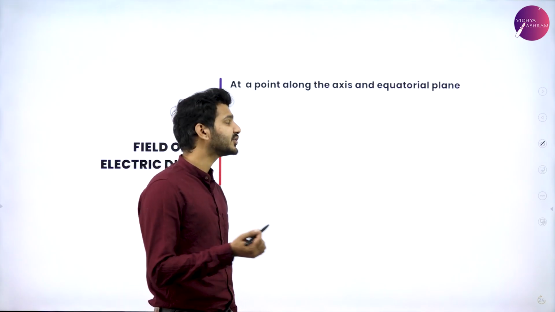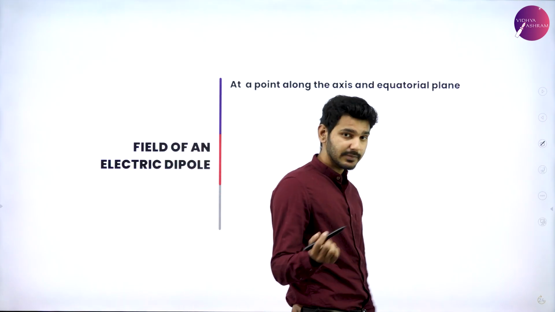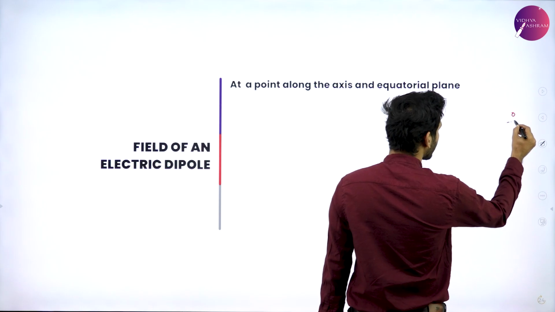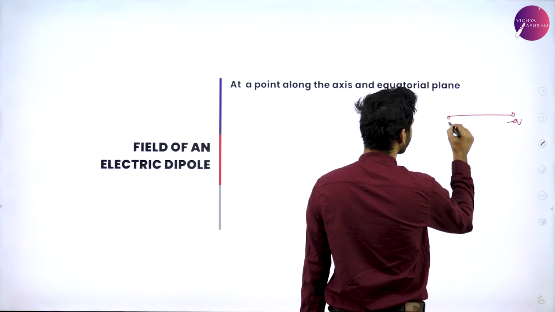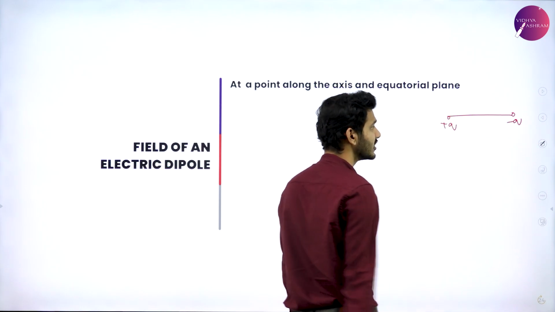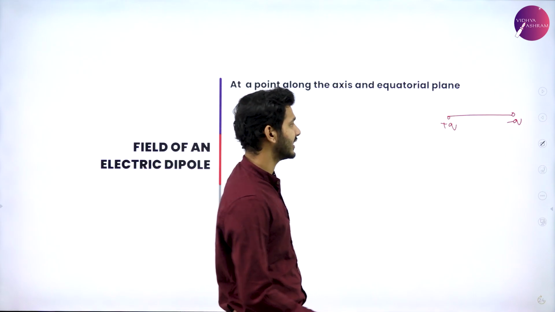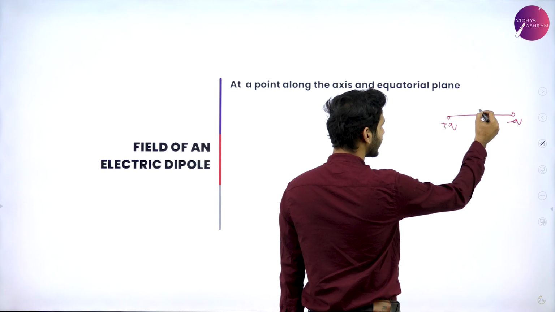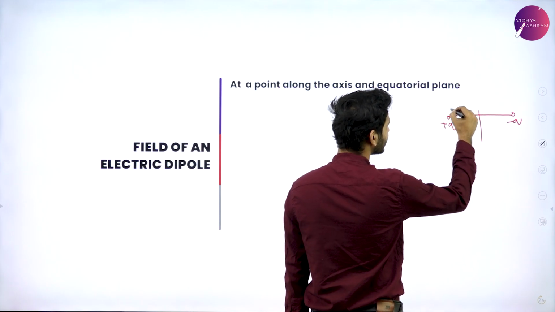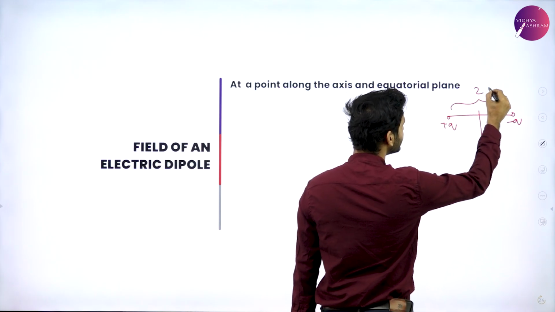First we are going to consider a dipole that is minus q and plus q. This is a dipole which is equal in magnitude but opposite in polarity, and the distance between these two points is 2a.